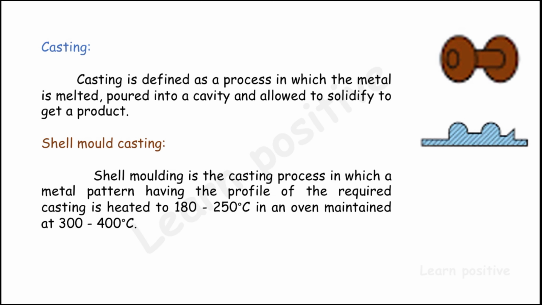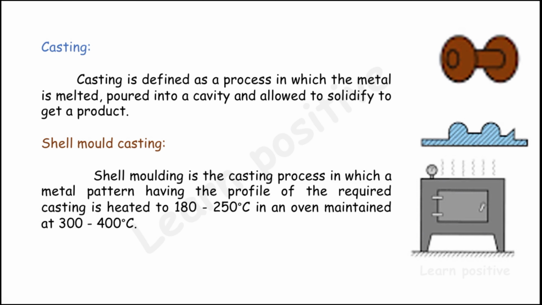Like this, in the second image, you can see that it is made up of metal and it was heated up to 180 to 250 degrees Celsius in an oven and maintained at 300 to 400 degrees Celsius constantly in the oven. You can see that in the image.